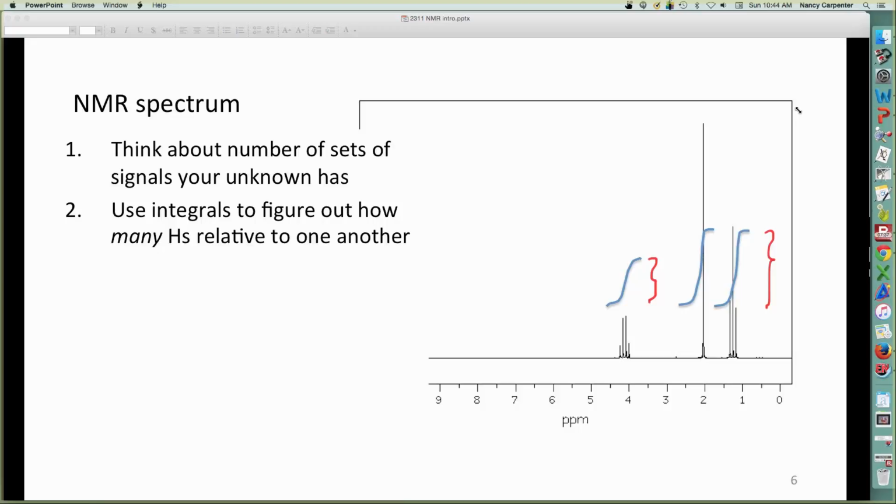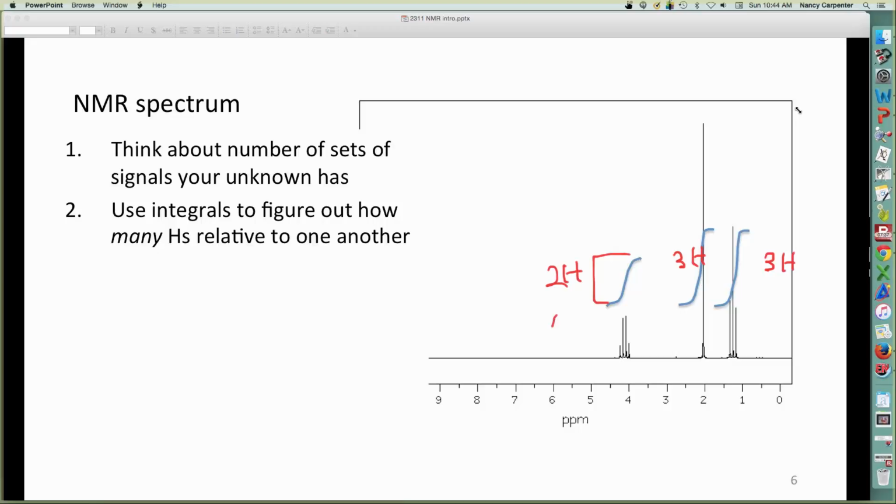What I can see is that this one is about 2/3 the height of this one. So, let's see. I would say then that if this is 3 hydrogens, this one is also 3 hydrogens, and this one is 2 hydrogens. Now I don't know if that's right.